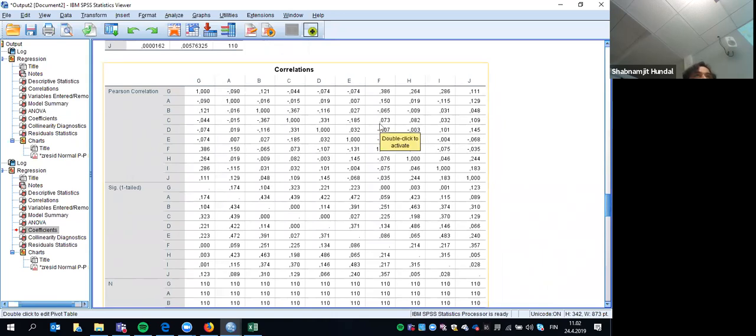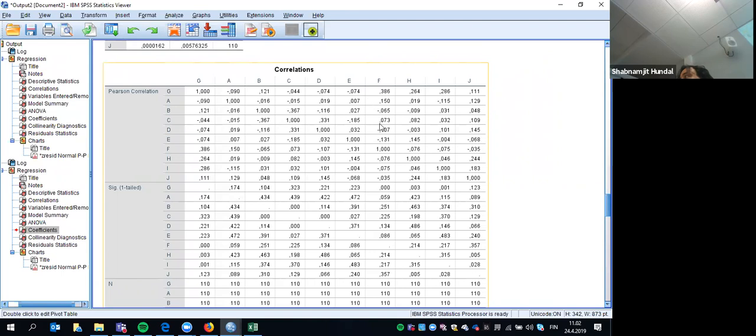Then we go back to the correlation matrix, and we find that f is highly correlated with h and b. Then we don't take f with h and f with b in the same model. So we have more models then. Do you get my point?